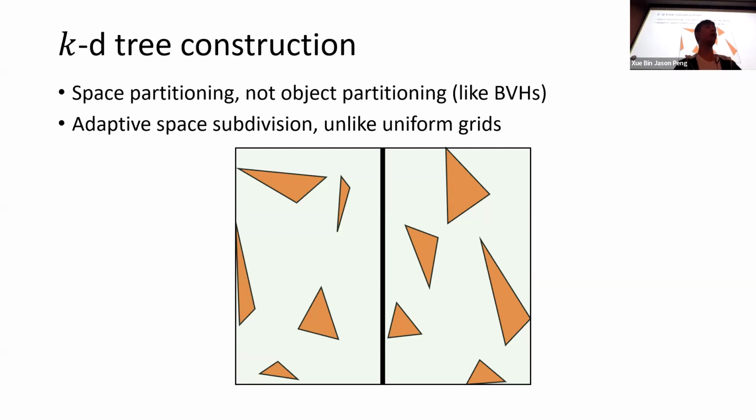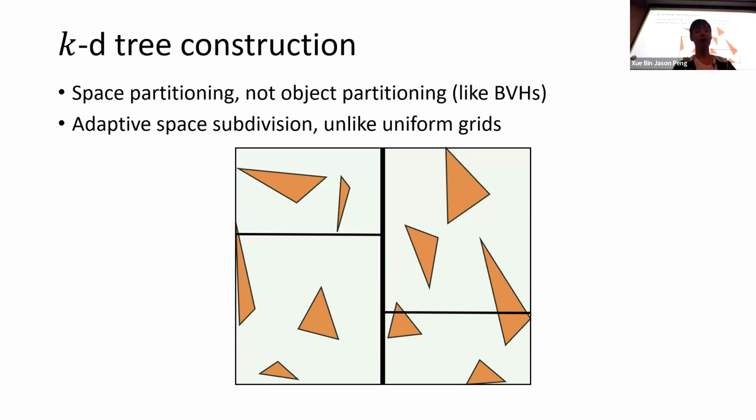And then we can apply this partition recursively. So for the left and the right partitions, we can partition those into two separate halves as well. For example, for the left partition, we can maybe split that up into a top partition and a bottom partition. And similarly, for the right partition, we can also split it into a top half and a bottom half.